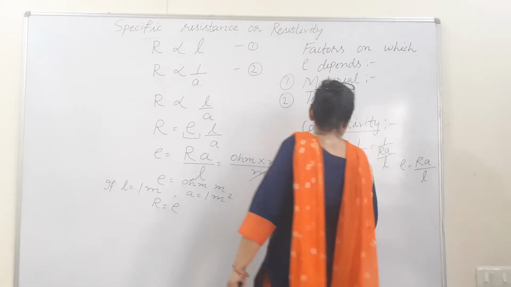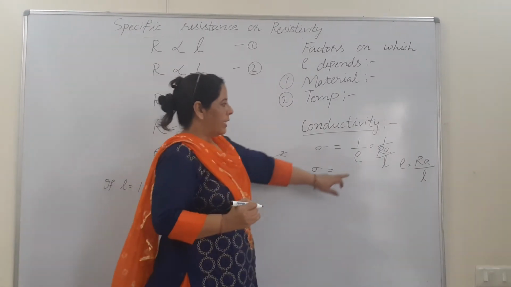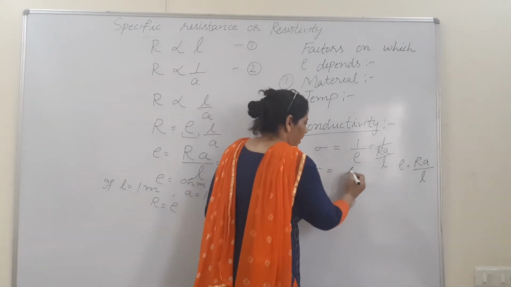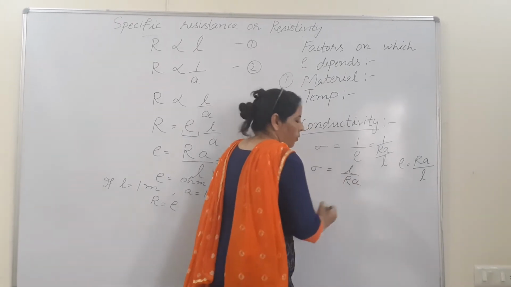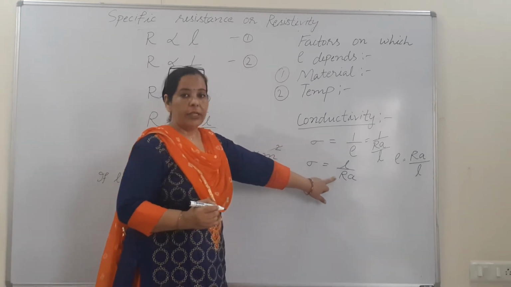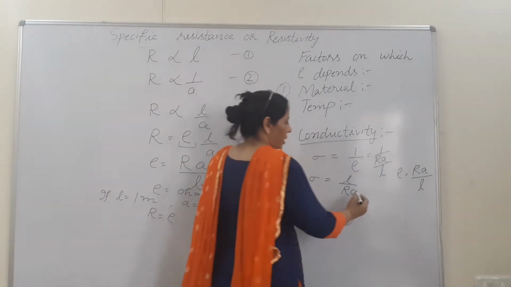Now beta, what will be its value? Sigma will be equal to, this L will go in the numerator, so it will become L divided by R into A. This will be the formula for the conductivity. Now what will be its unit?